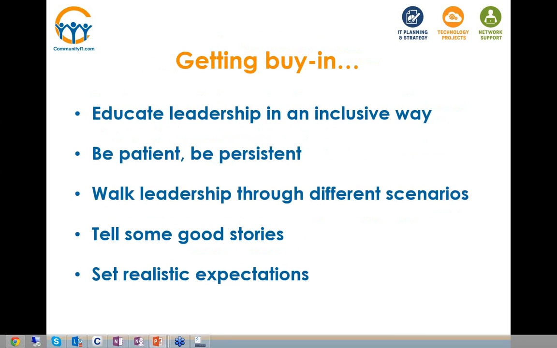Chances are it's probably going to take longer, just because that's how those projects often go. So when you're talking to the leadership, you want to convince them that what you're advocating for, what you're trying to plan for, is valuable and worthwhile. But at the same time, you don't want to oversell technology, because by doing that, you're just shooting yourself in the foot for next year's planning process, and you're leaving a bad taste in everyone's mouth when it comes to technology.